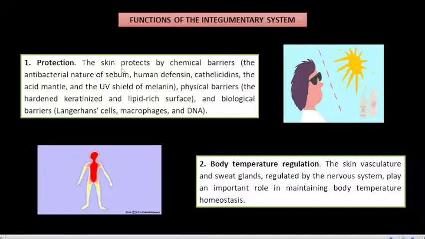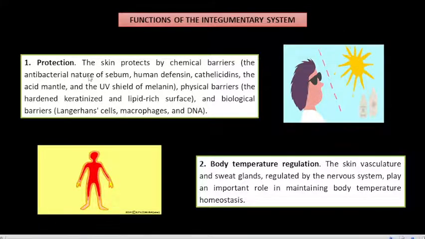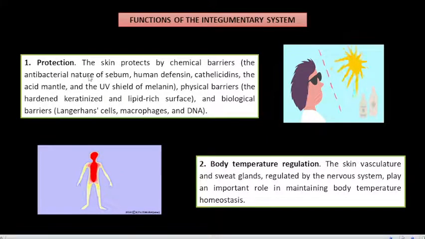Your sebum, or the oils that are secreted by the skin, contains antibacterial ability. So they prevent the thriving of pathogens and other microorganisms or germs on the surface of the skin. So sebum is also quite helpful in preventing diseases.